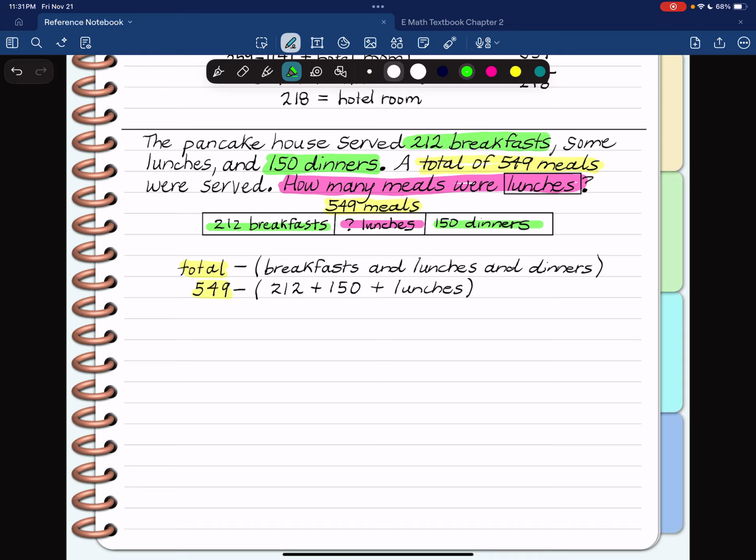We know that our breakfasts and our dinners, together, we can add those. So let's go ahead and do that over here. Let me leave myself some room. So we have 212 plus 150. That's 362 breakfasts and dinners.